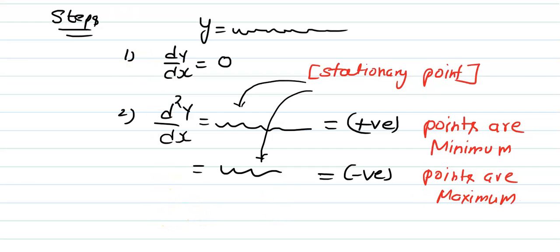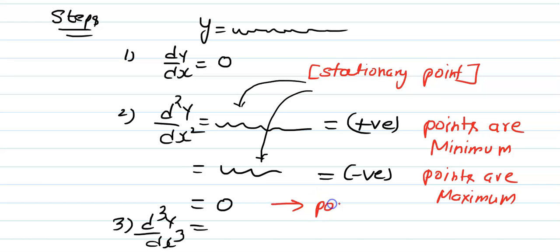Yeah, what happens if it is coming 0, neither positive nor negative, then we are going for the third differentiation, d3y over dx3, and we'll do the same thing.